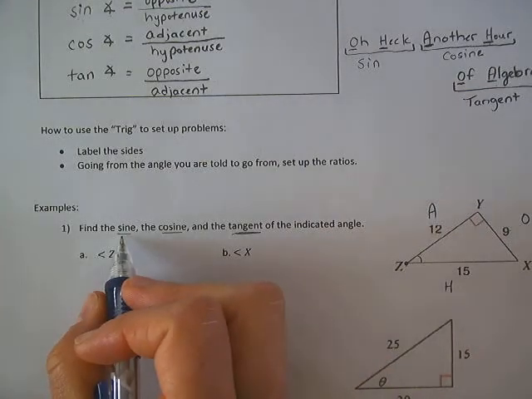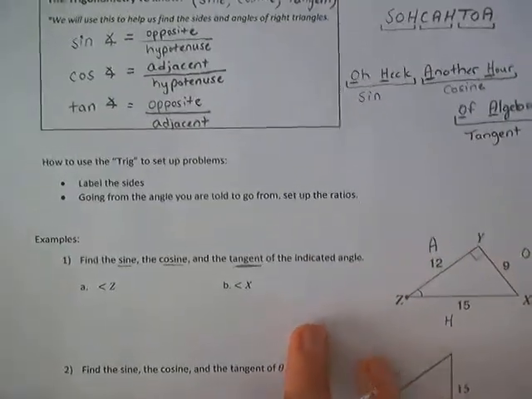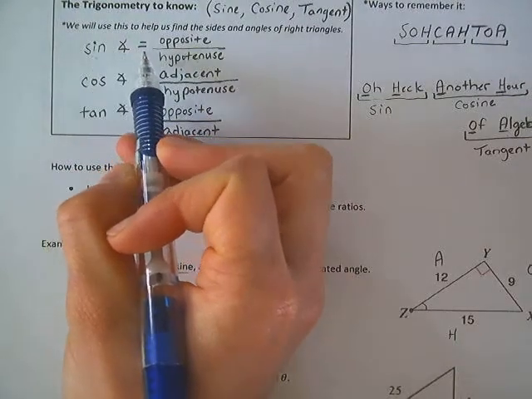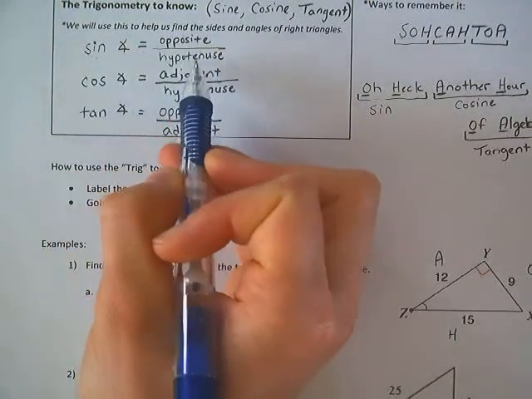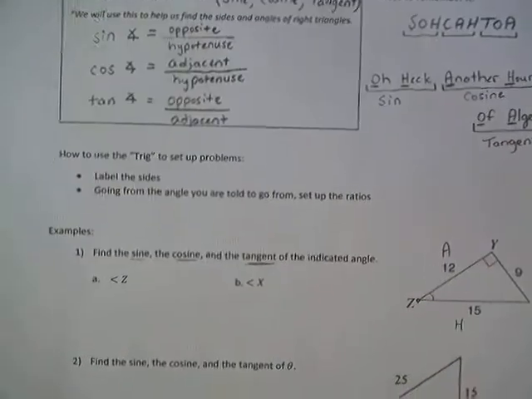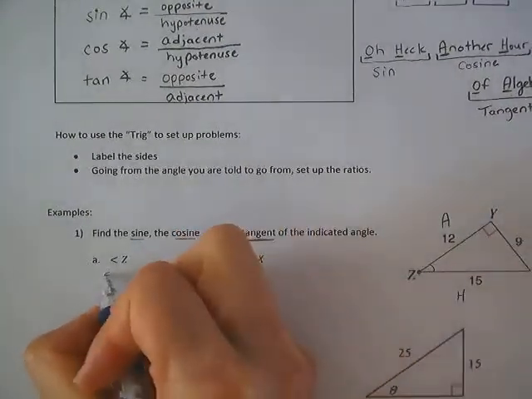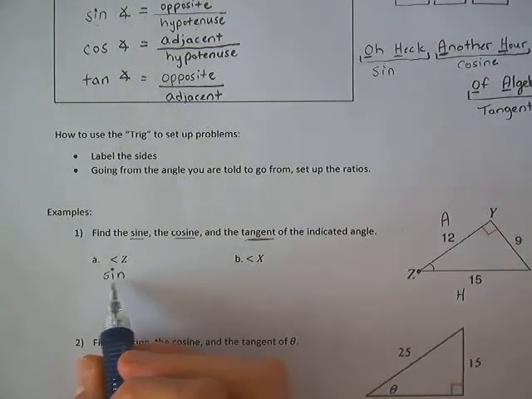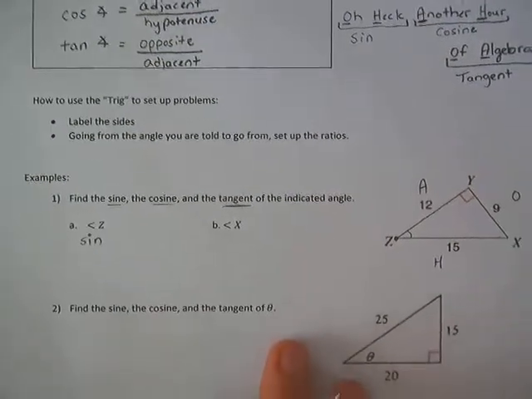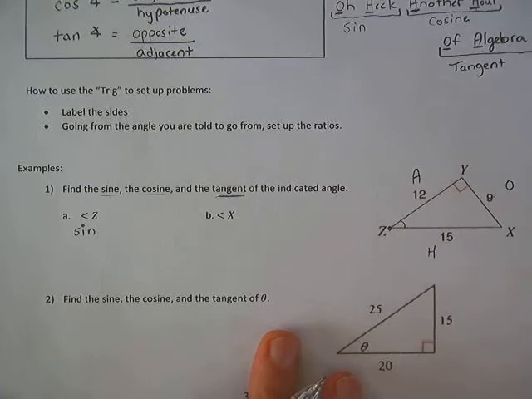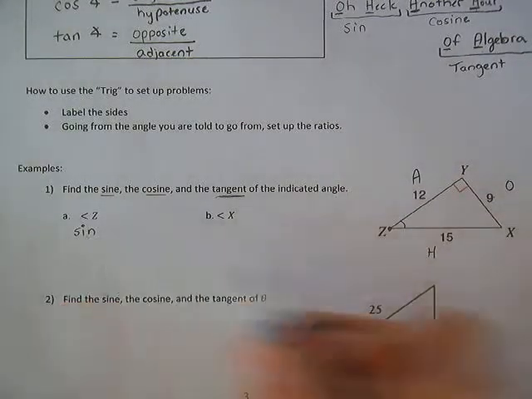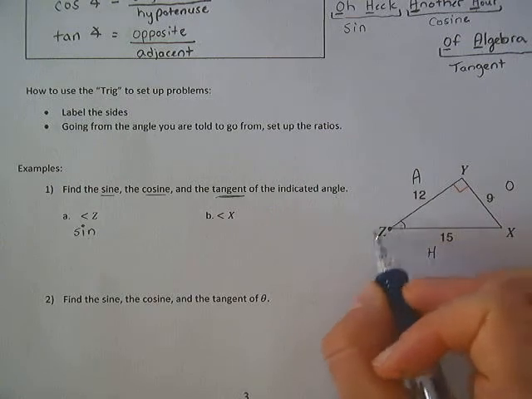So if we're going to do the sine, we're going to go up here and we're going to look. The sine of the angle will equal the opposite side over the hypotenuse. All right. So if I'm doing the sine, I'm going to write sine. And a lot of people will want to call this sin. Make sure that you don't make that mistake. It's actually pronounced sine. Okay. So the sine of your angle, so the angle would be whichever angle you're standing at.